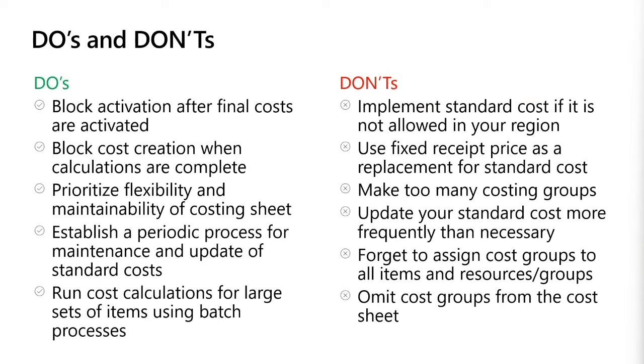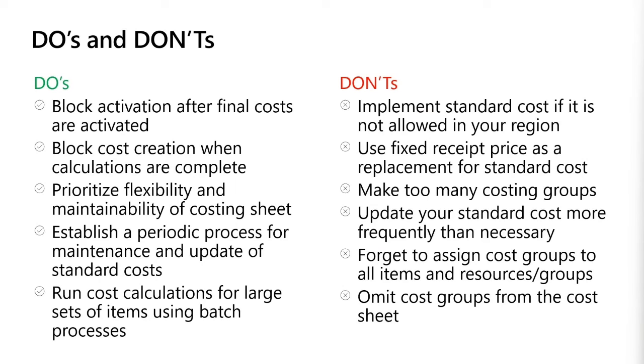If you set a standard cost once and then forget about it for 5 years, it's very unlikely that that cost is accurate, and your variances may be very high and won't be showing you good margins on your cost of goods sold. We recommend that you run cost calculations for large sets of items using batch processes to mitigate any potential performance issues from the cost calculations.